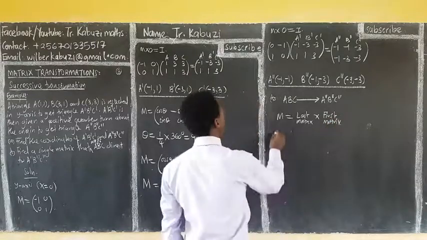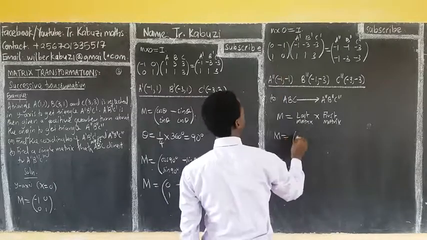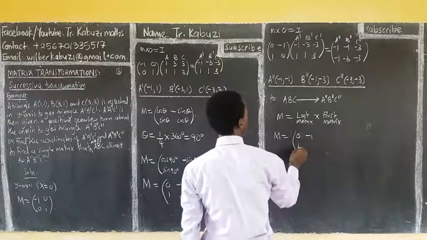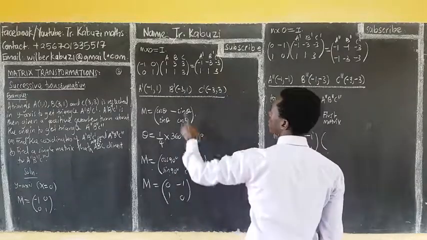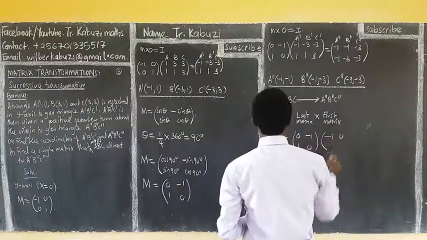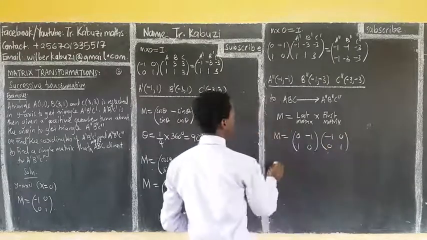So my matrix is going to be the last matrix we used, 0, negative 1, 1, 0, then the first we used, negative 1, 0, 0, 1. So we multiply these two.